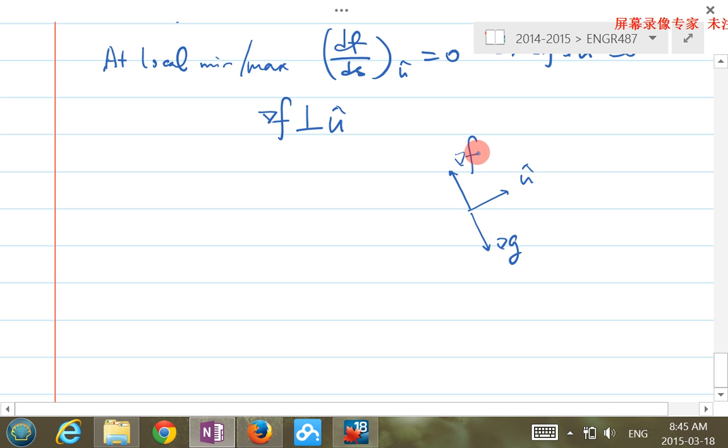So what's the relationship between del f and del g? Parallel. How do I indicate that it's parallel? Yeah, sure, but mathematically. Two vectors are parallel. What does parallel mean?